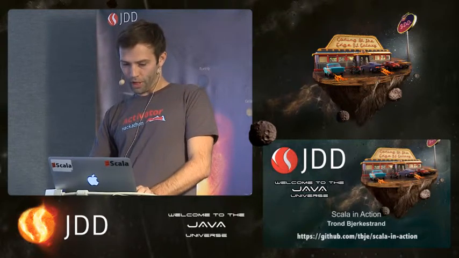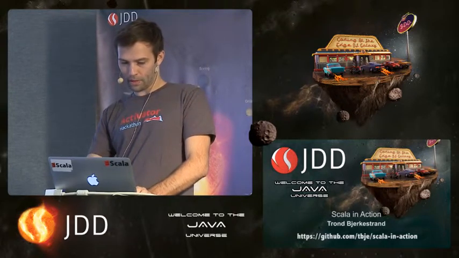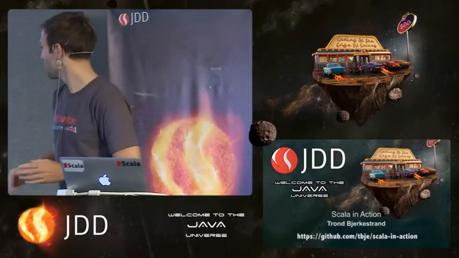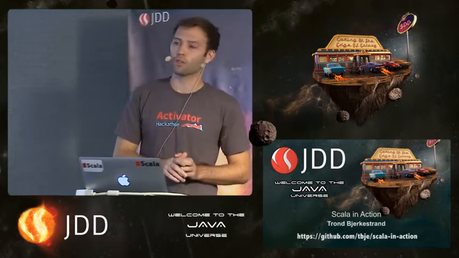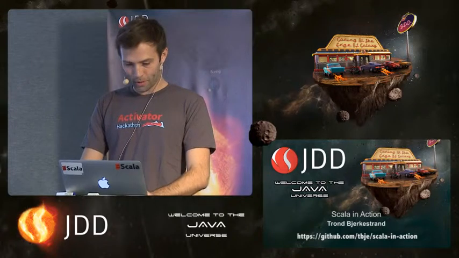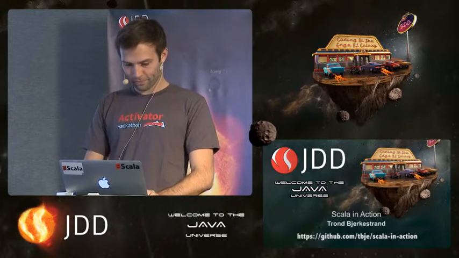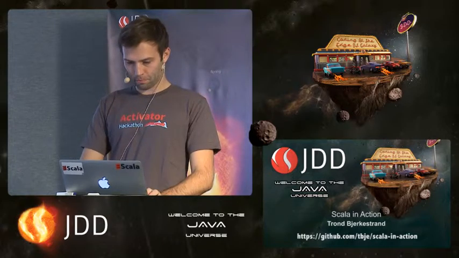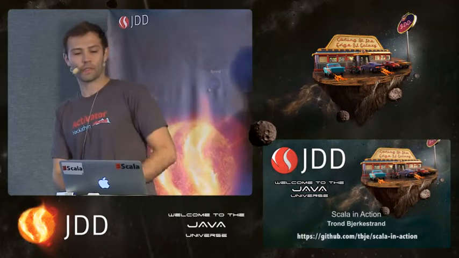However, if I happen to make the same mistake as earlier, compile time exception. So this is using the new macro feature in Scala 2.10, and it's quite nice as well. Okay, let's get rid of this. Any questions to this time class?